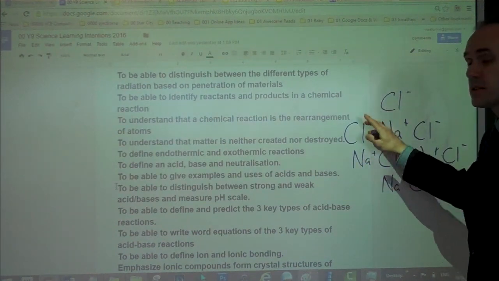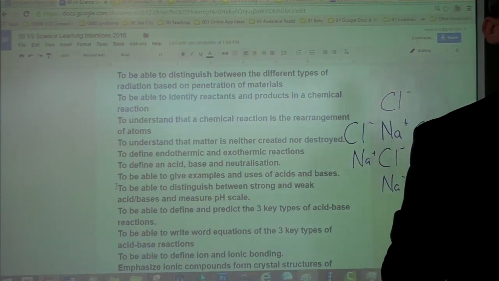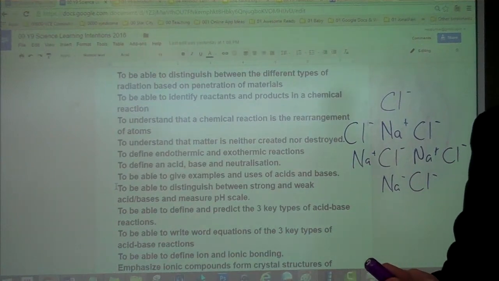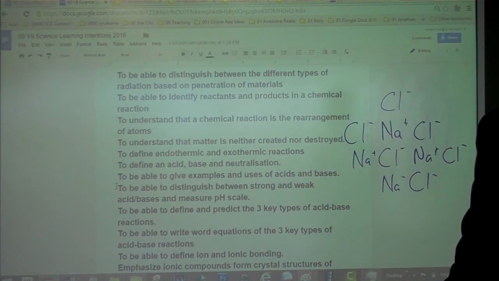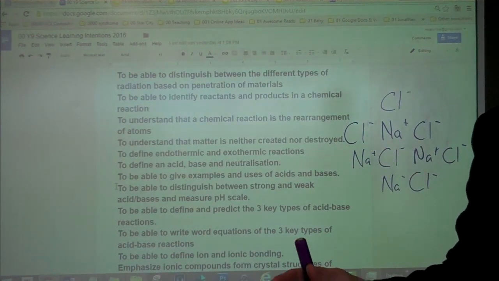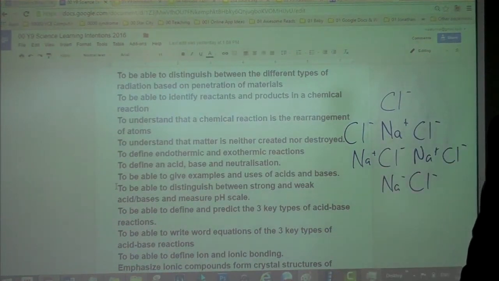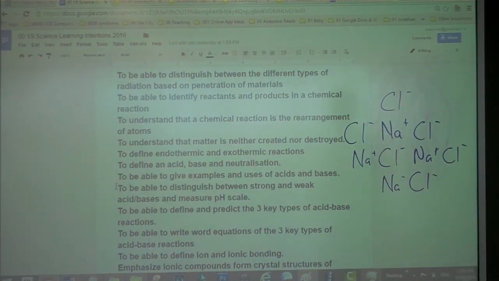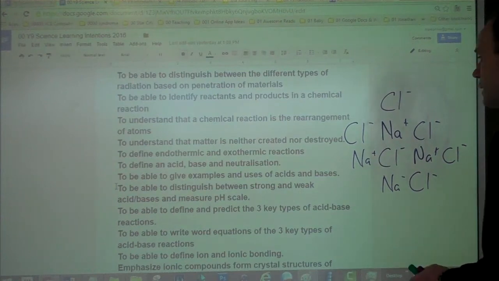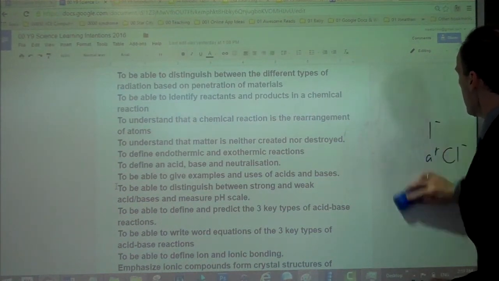And this builds up into a crystal, which is what salts do. But as soon as you drop them in water, they dissolve. That attraction is interfered with by the polar molecules of water, and so they just come apart. But if you evaporate the water, they come back together again, which is what you did in your practical. Okay? Now, there you go.